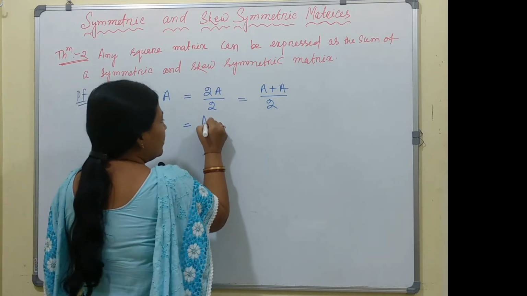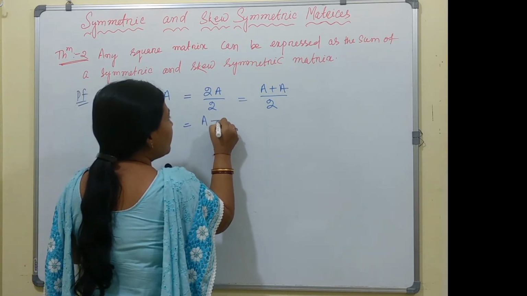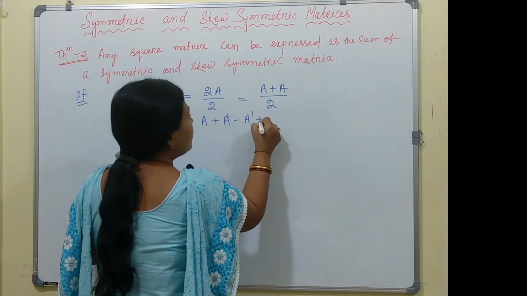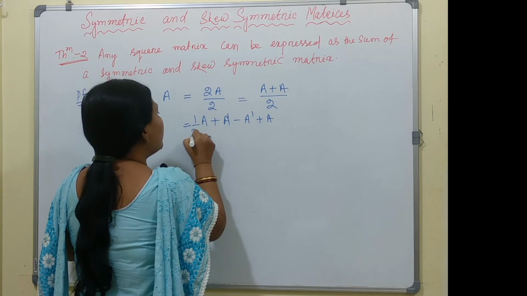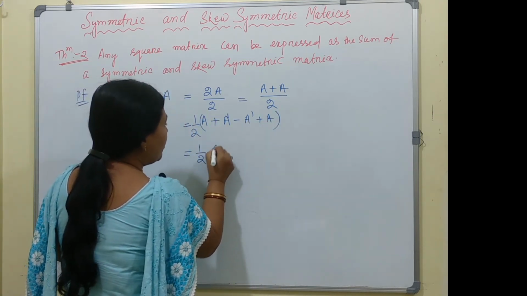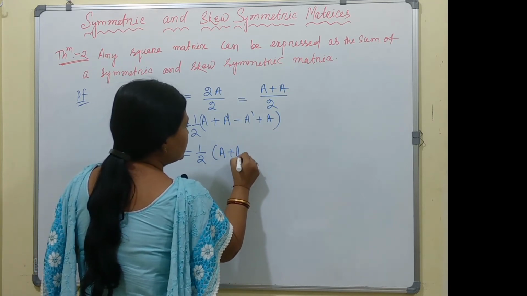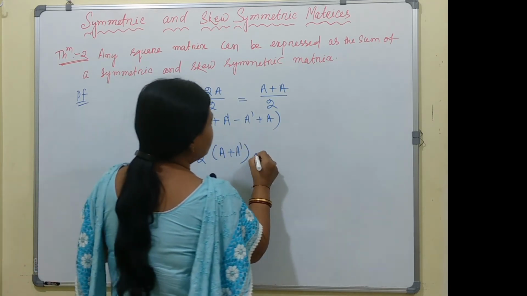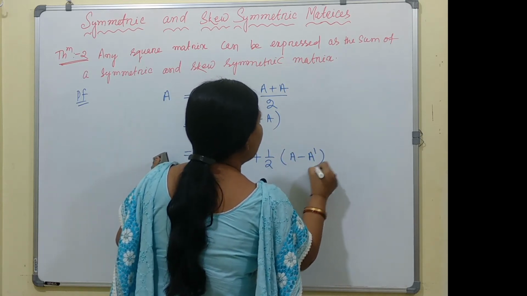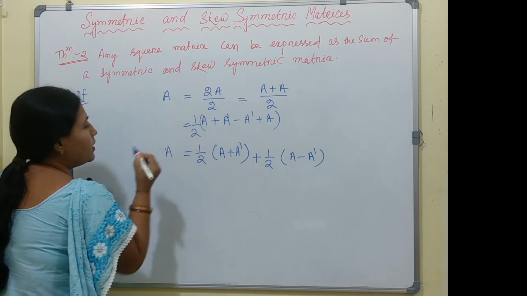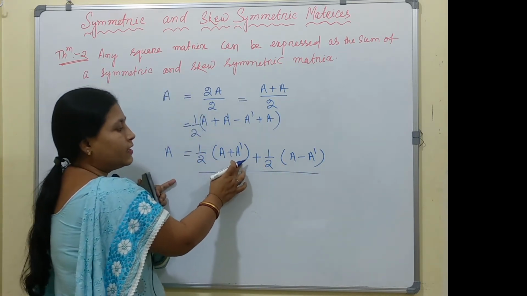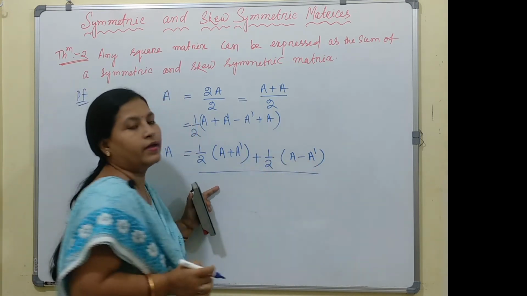So that is equal to A plus A dash minus A dash plus A, whole into half. So this is also equal to half whole into A plus A dash plus half whole into A minus A dash. So any square matrix can be written in this form: half whole into A plus A dash plus half whole into A minus A dash.